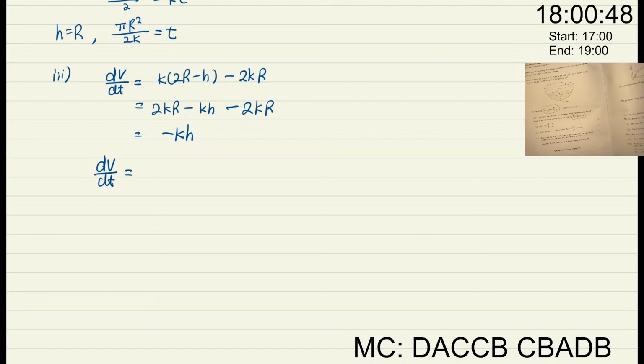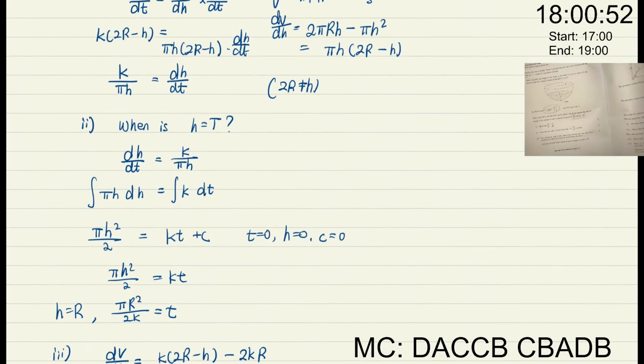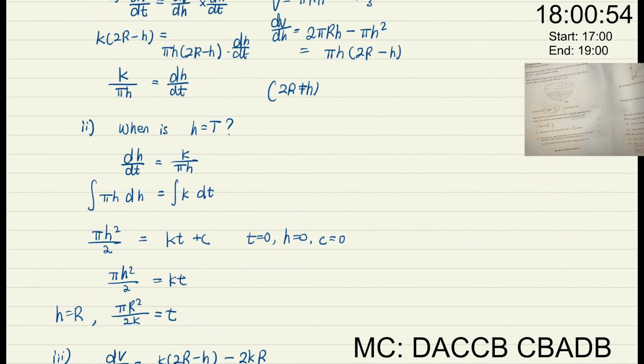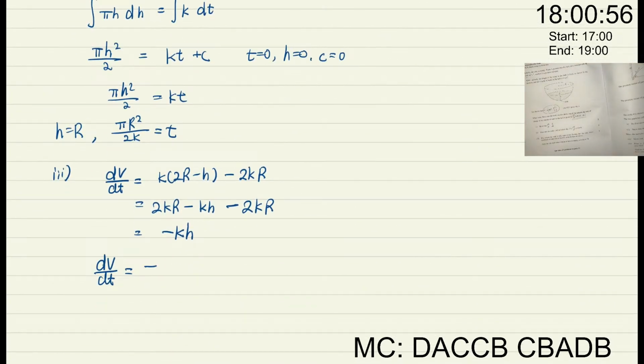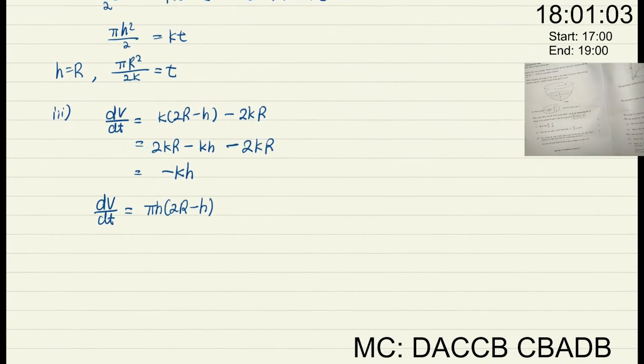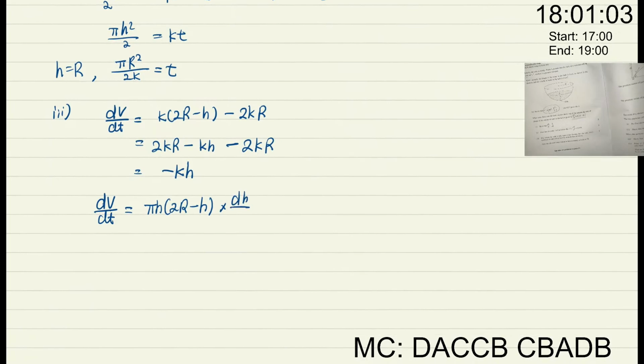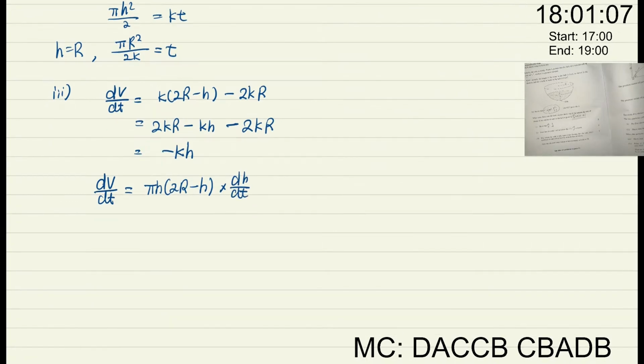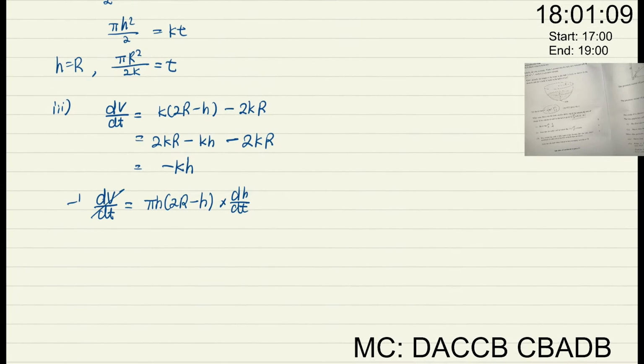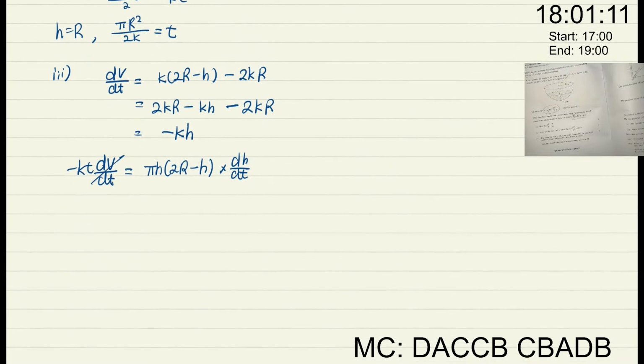So I can see why this is 3 marks. We have the dV/dh from earlier, pi h(2R minus h). We've also got the dh/dt, same kind of working out. We've got the minus kh over here.